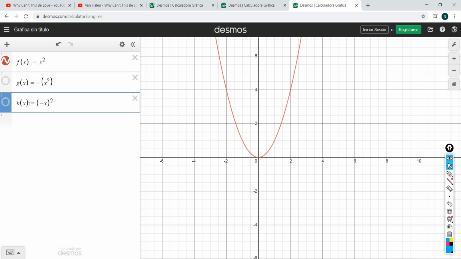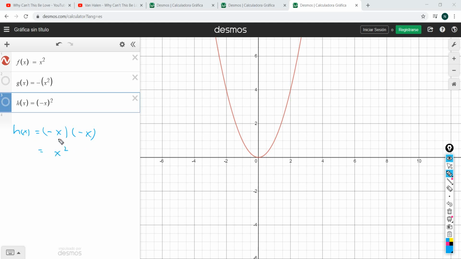If you look at the equation of h, the equation that represents h is equal to minus x, all of that squared, and when you apply some algebra, you know that this is going to be equal to minus x times minus x, which is the same as x squared, right?